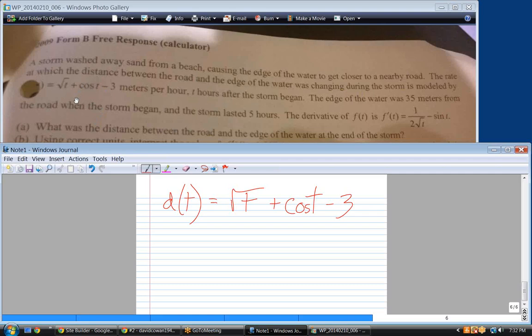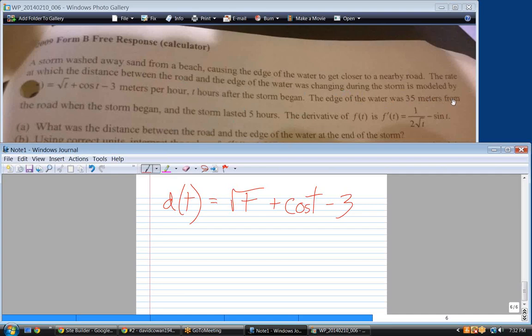So, in other words, if that's the rate that that distance moves, then I can figure out the total distance by integrating this function from some time to another time. That'll tell me the total amount of sand that's being washed away, basically.